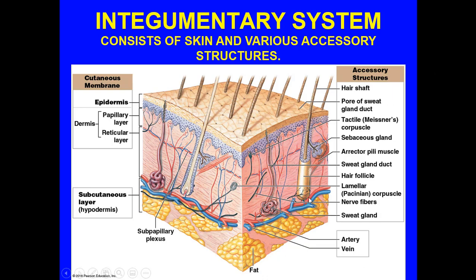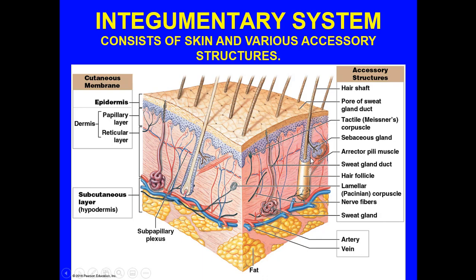You also want to be mindful that certain structures have nerve innervations, such as the hair follicle, and we have nerves there, nerve fibers here, nerve fibers here. Some of the nerve fibers reach up to the tactile corpuscle, the Meissner's corpuscle.